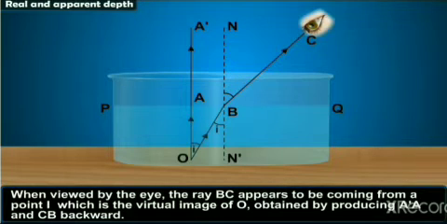When viewed by the eye, the ray BC appears to be coming from a point I, which is the virtual image of O obtained by producing A'A and CB backward.